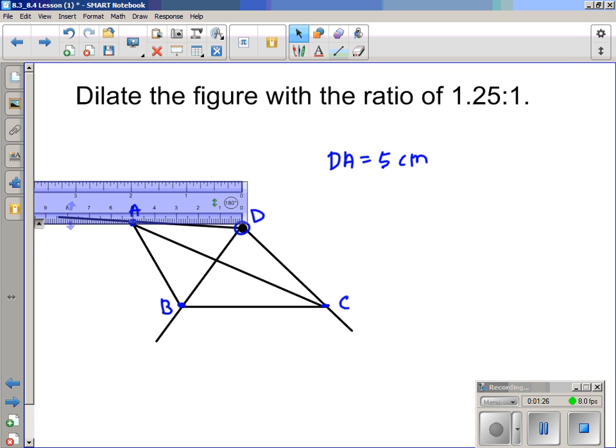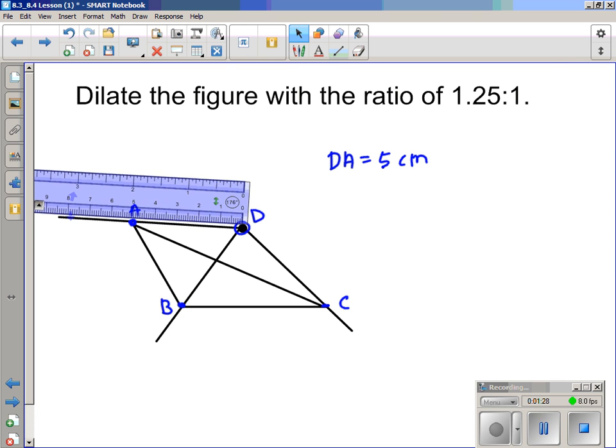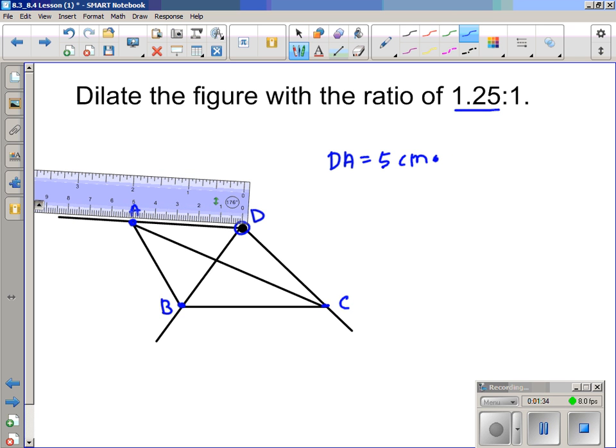All right, and my scale factor up here is 1.25, so I'm going to multiply that by 1.25. And I end up getting 6.25, so that means now I'm going to measure from my center out to approximately 6.25. That's my new point.